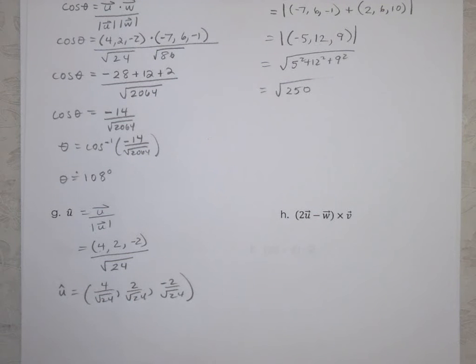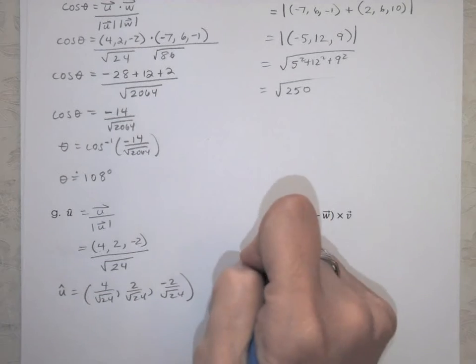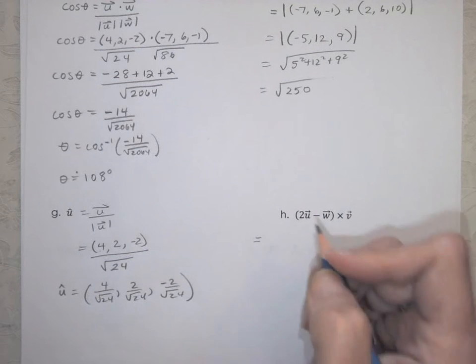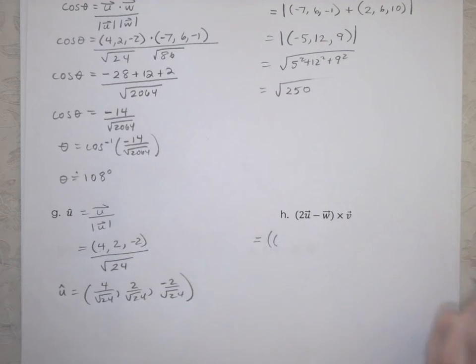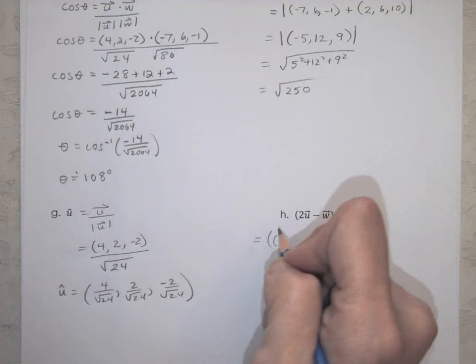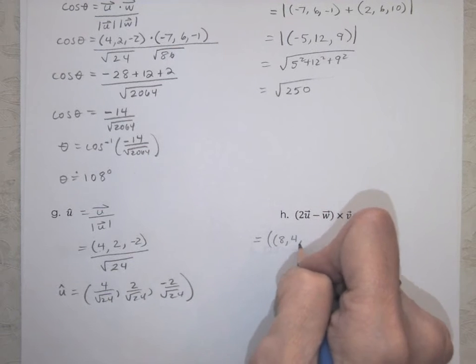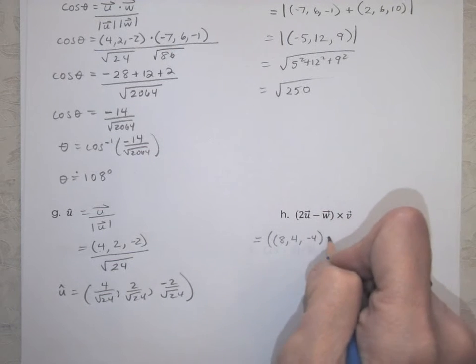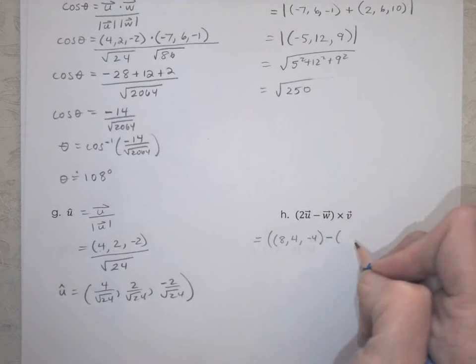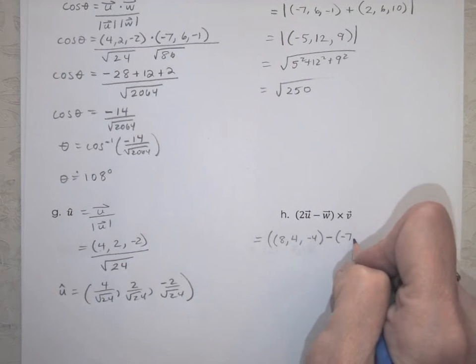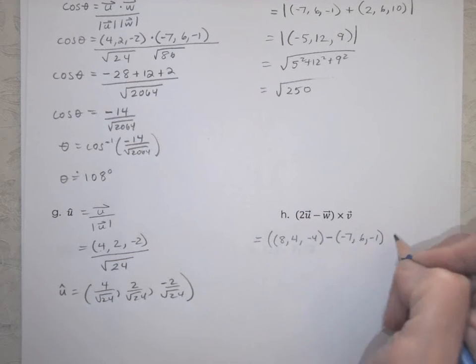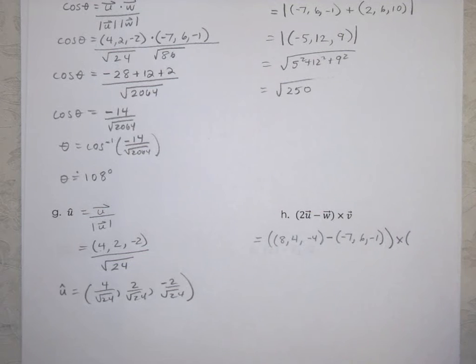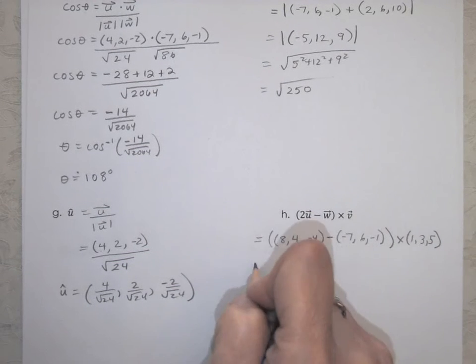Next, vector 2u minus w crossed with vector v. So vector 2u is going to be 8, 4, negative 4, subtract vector w, which is negative 7, 6, negative 1, crossed with vector v, which is 1, 3, 5.